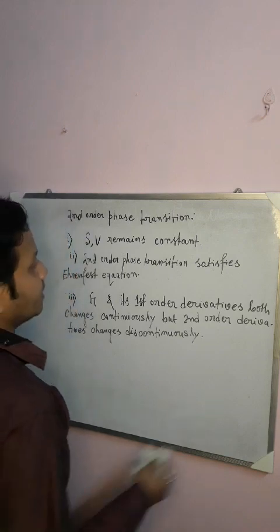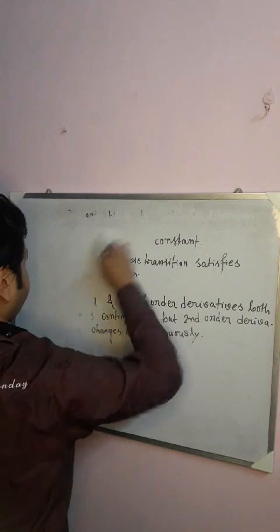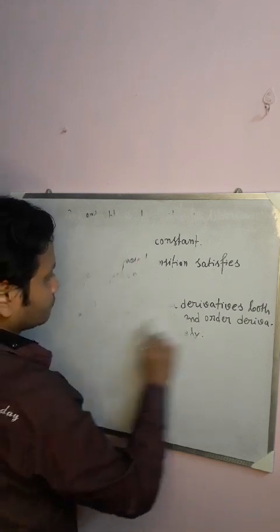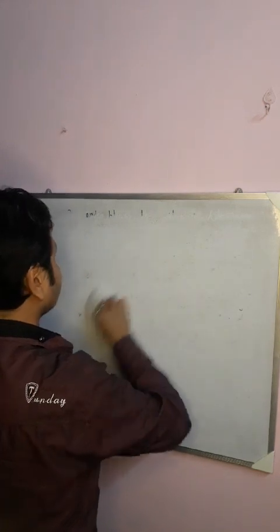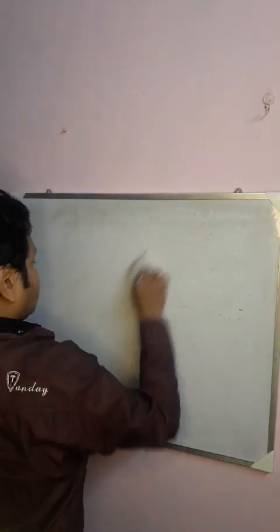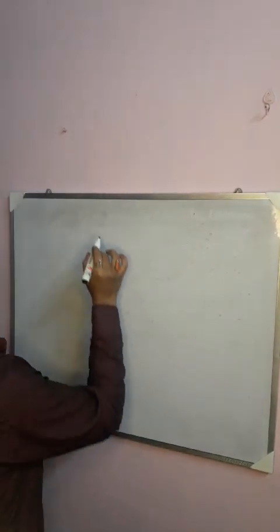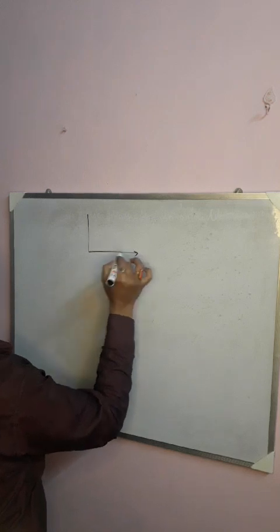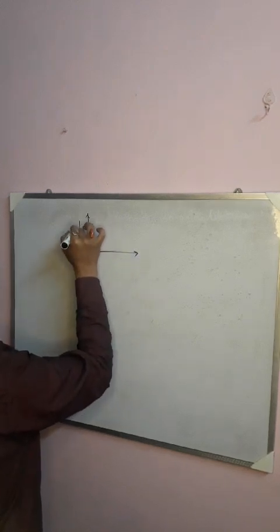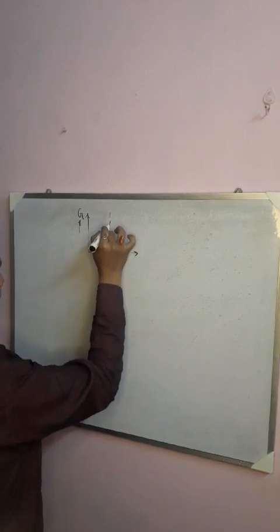How can we explain it? So let's see by graph. So if we draw a Gibbs potential temperature curve for second order phase transition, here this is G and this is temperature T and this is the transition line.